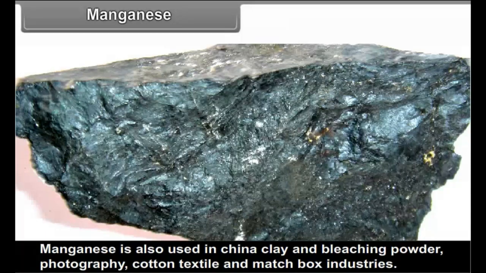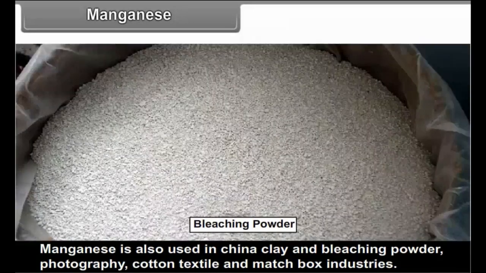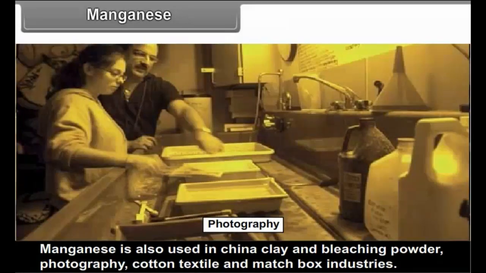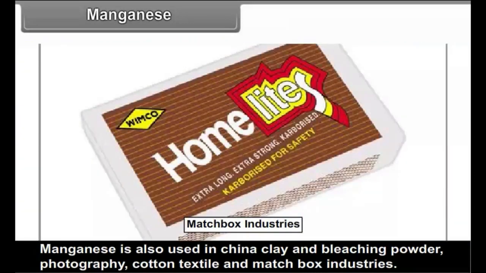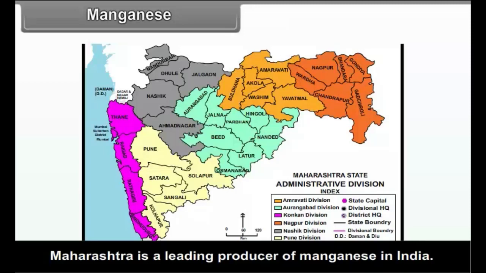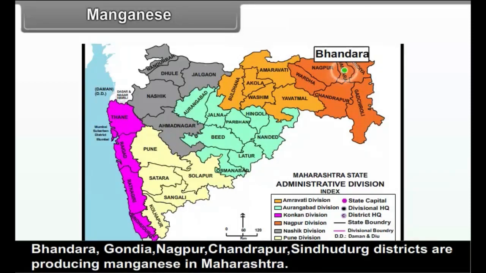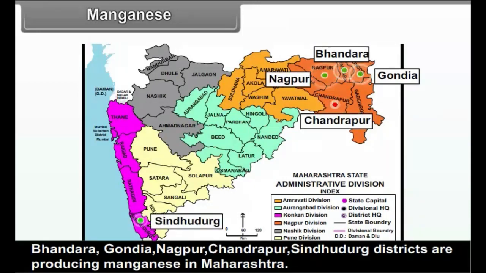Manganese is also used in china clay and bleaching powder, photography, cotton textile and matchbox industries. Maharashtra is a leading producer of manganese in India. Bhandara, Gondia, Nagpur, Chandrapur, Sindhudurg districts are producing manganese in Maharashtra.